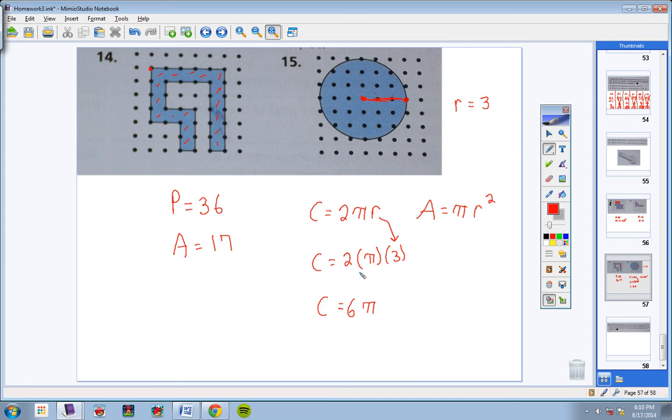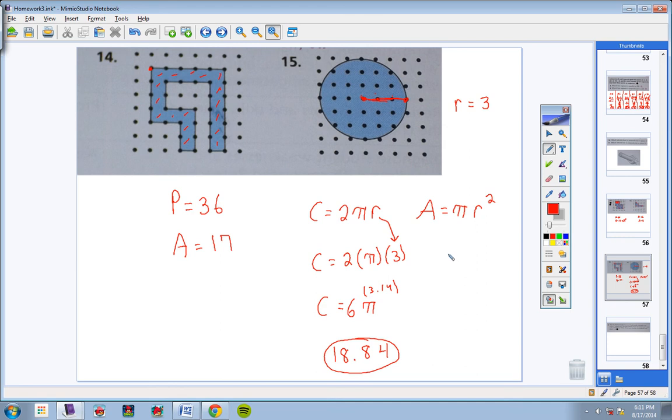The reason is because you have 2 times 3, which gives you 6, and then bring your pi down. And that's a fine answer. If you want a decimal answer, then you would take 6 times 3.14. You would put 3.14 for pi, and you would get what? 24, carry your 2, 18, 18.84. Okay? So there's the circumference.